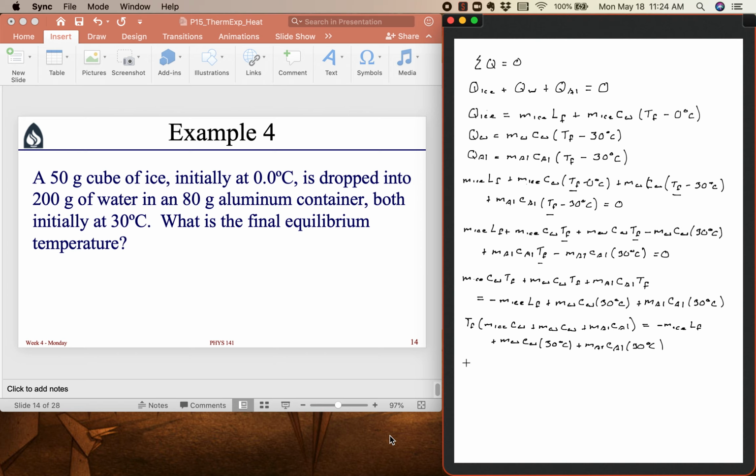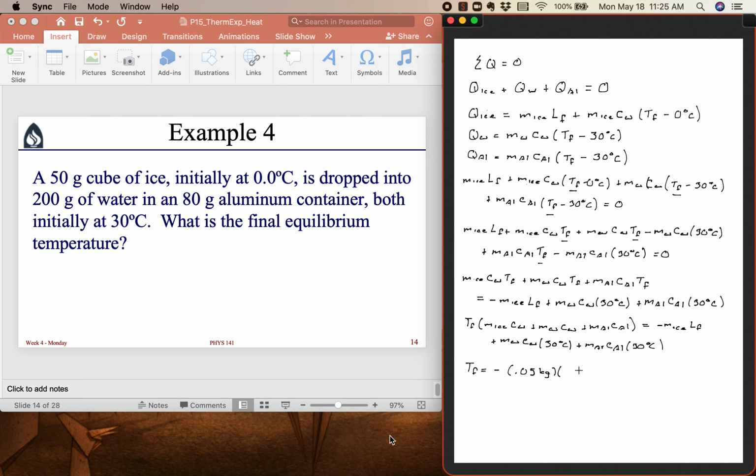So let's see, that gives me a T final equal, and I think at this point I will just start plugging in numbers. So I'll start with the stuff over here, which then becomes the things in the numerator. So minus the mass of the ice, and the mass of the ice is 50 grams, which is the same as 0.05 kilograms, times the specific heat of water, or actually times the latent heat of fusion.